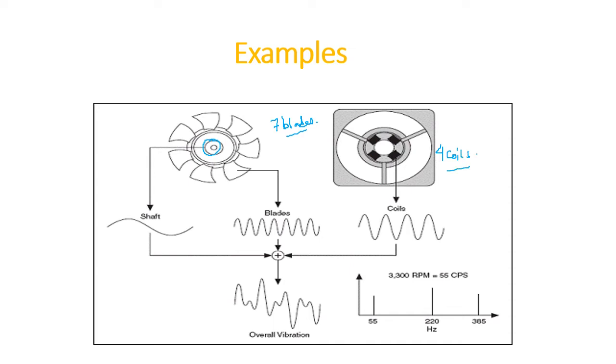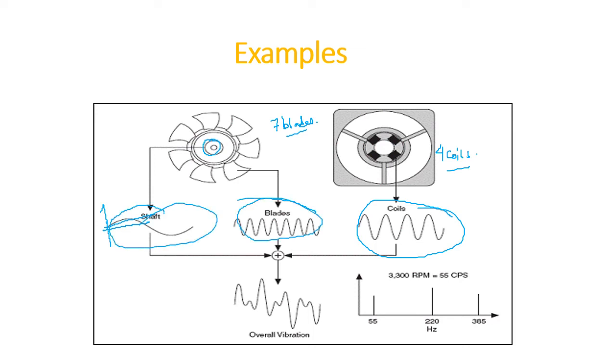Now the shaft is rotating in this fashion. This gives you the shaft rotation, this gives you the blade spectrum, and this gives you the coil spectrum.